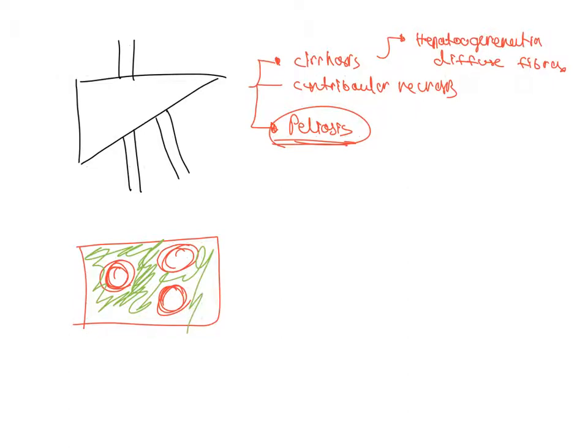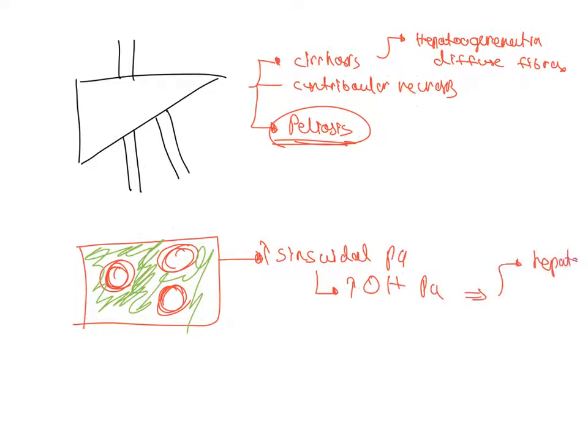So what technically happens is we have a rise in sinusoidal pressure. What are sinusoids? Sinusoids are basically endothelial linings of the parenchyma of the liver. Okay, so we have increase in sinusoidal pressure, which causes increase in hydrostatic pressure, which therefore causes two things: hepatomegaly and definitely ascites.